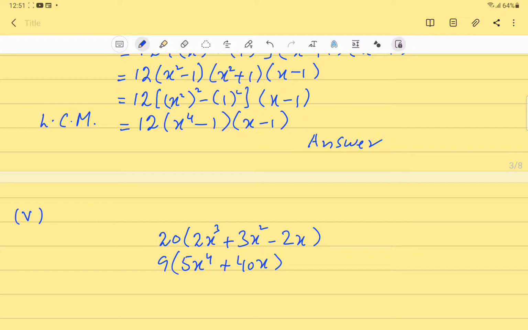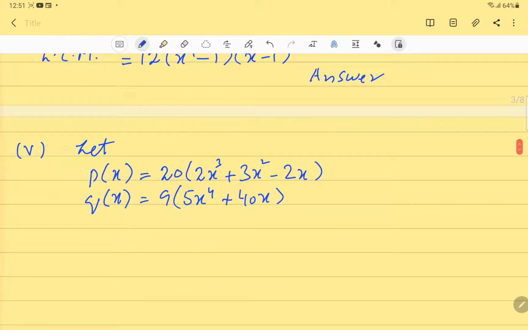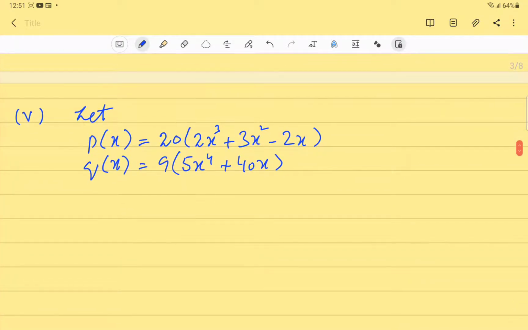Like always, we will first name them. So let p(x) is equal to this one and q(x) is equal to this one. So we will go for the factorization of the first one first.